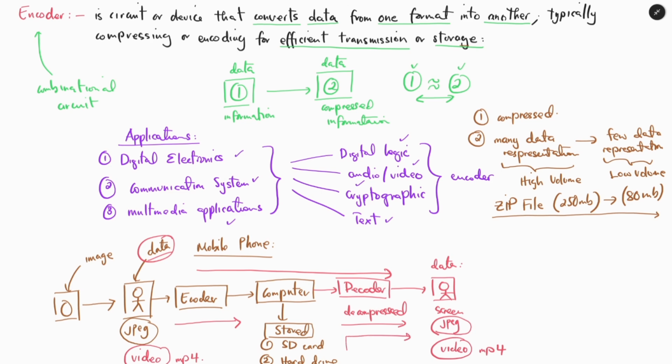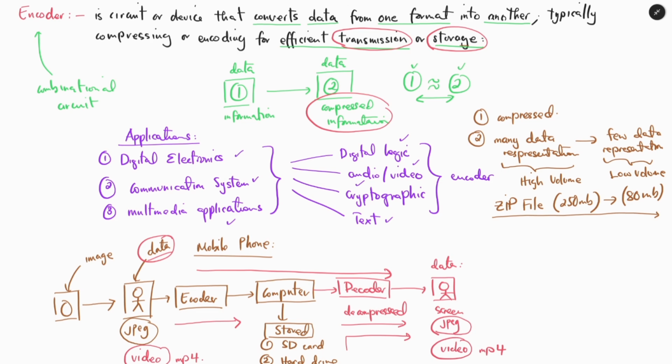The important thing is that between the encoder and the decoder, there is compressed information, and this compressed information is important for the purpose of transmission and storage. That is why it is important for you to learn what the encoder is.